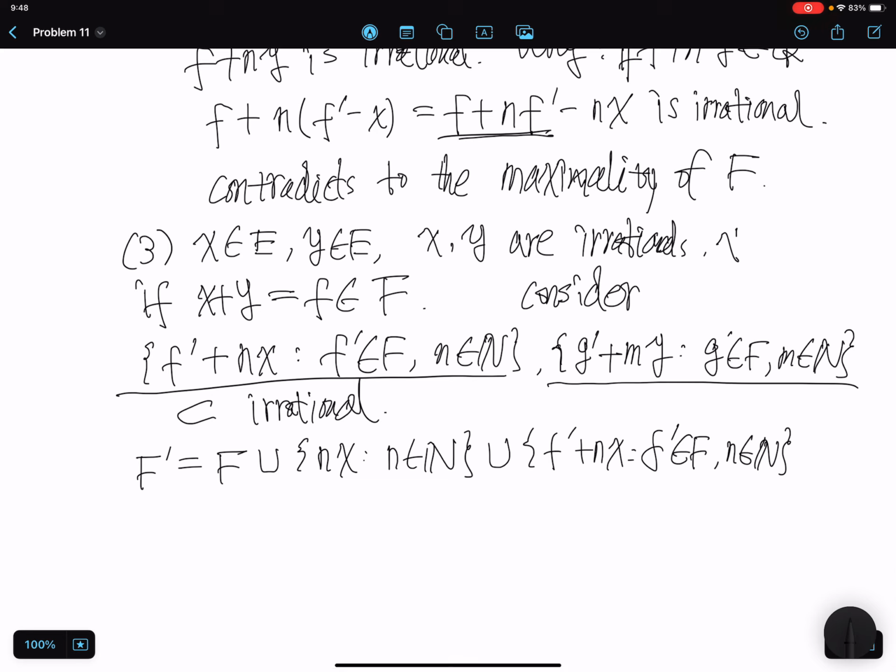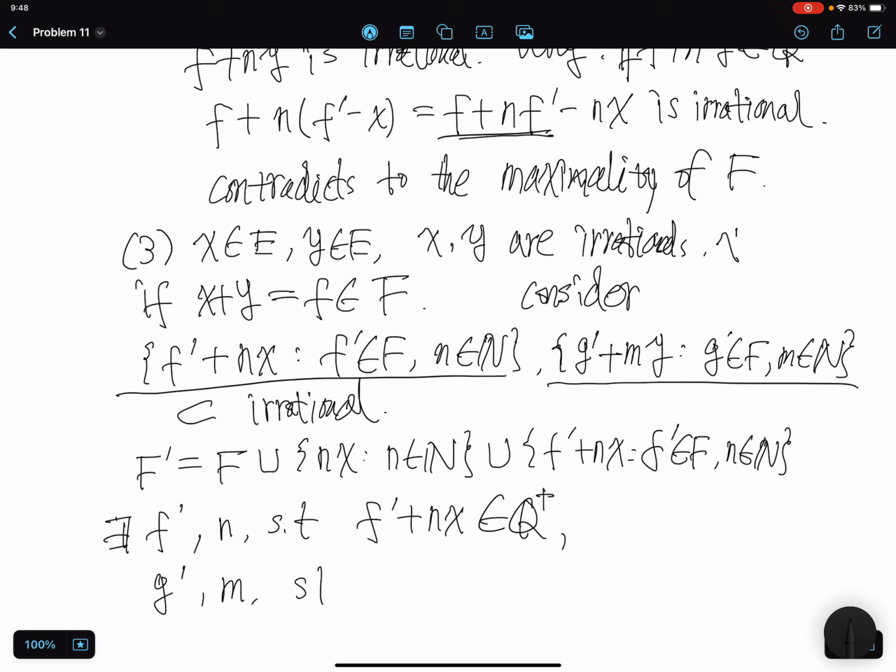So now, if not, if there exist f prime and n such that f prime plus nx is a rational number, and again the same g prime and m such that g prime plus m of y is also in Q plus rational numbers, right?